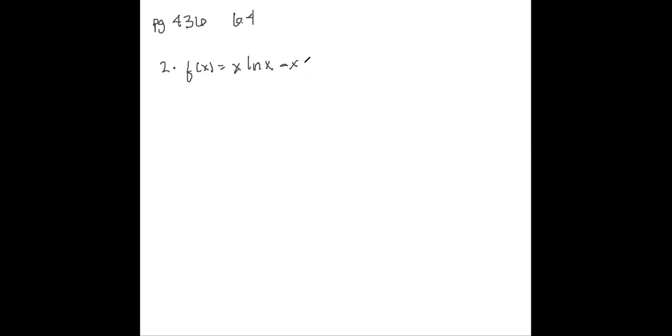So it's rather this chunk here, minus x. So we know that we're going to be able to use that the derivative of a sum is the sum of the derivatives, right? So what I need to find is the derivative of x ln x minus the derivative of x, which is going to be easy. We know that. So when I have something that's set up like this, x ln x, what type of rule am I going to use to solve it?